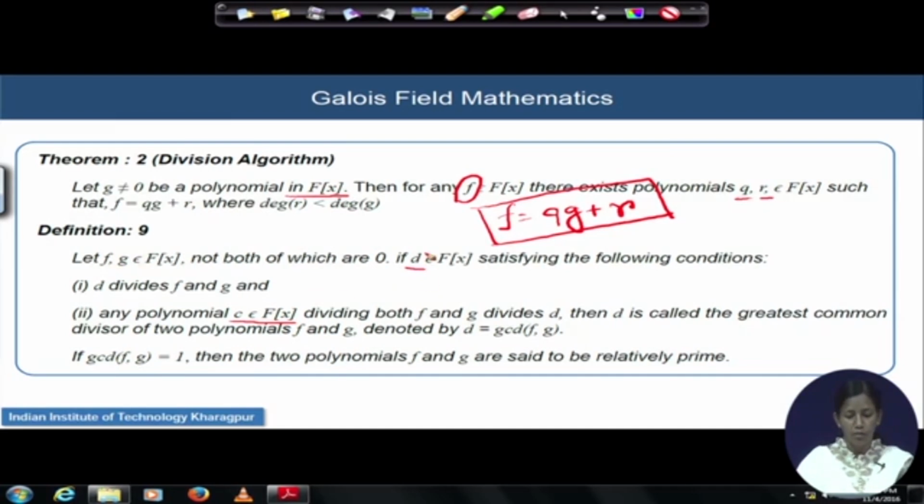If this is the situation, then we say d is the greatest common divisor of f and g, and we write it as this.